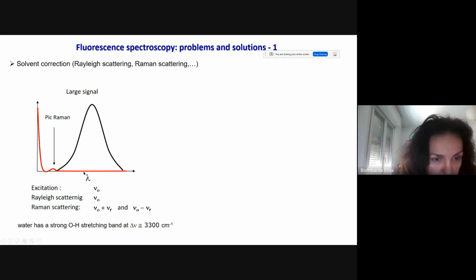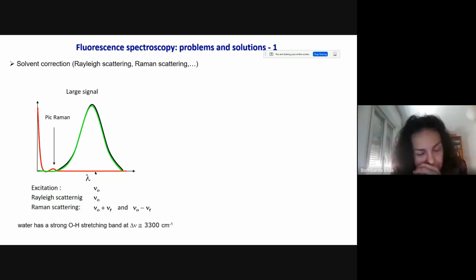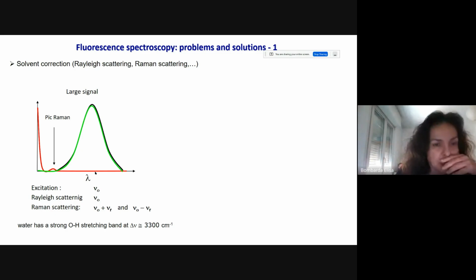Nothing else, of course, because you have no fluorophore. Then, for isolating the fluorescence, we make the subtraction between these two signals, and in green we obtain just the fluorescence spectrum.